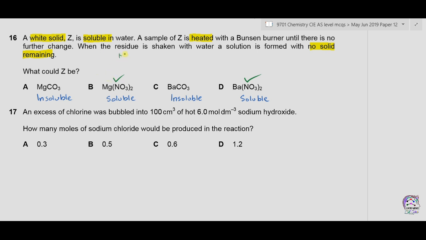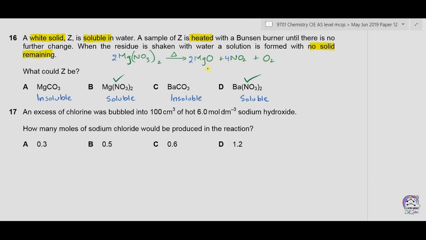So magnesium nitrate, when heated on the Bunsen burner, produces magnesium oxide along with nitrogen dioxide and oxygen gas. We can balance this chemical equation using this molar ratio.